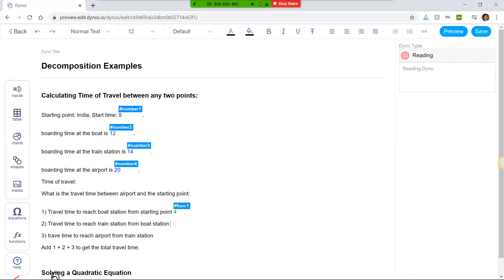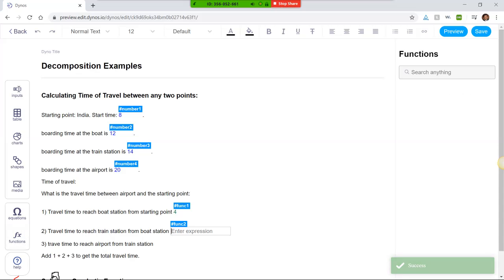And what would be the travel time to reach the train station from the board station? What would be the formula? So now I'm selecting a function. Number 3 minus number 4. Number 3, wait a minute. Number 3 minus what? Number 2.